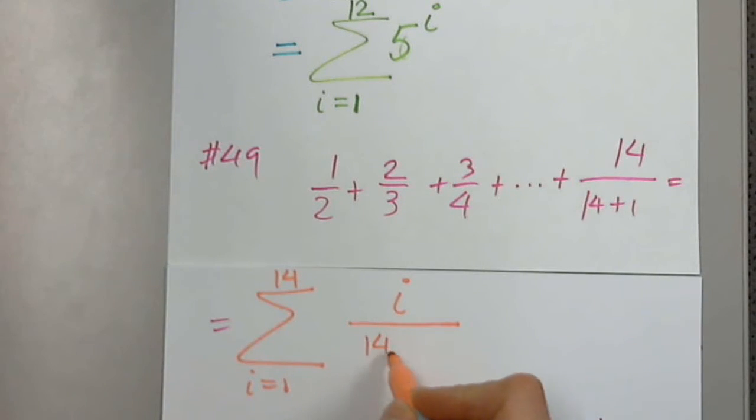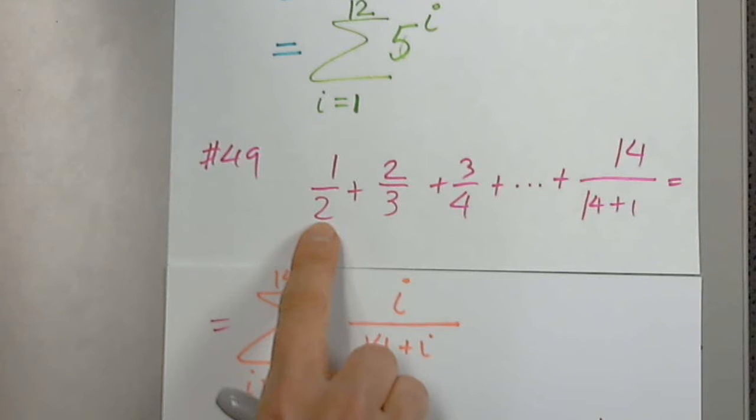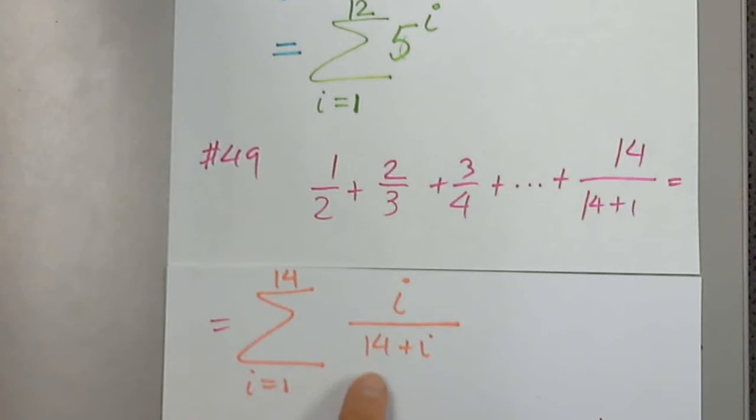If I put 14 plus 1, or plus, what did you say? I said I, because I equals 1. Okay, so let's see if it works. When I equals 1, this is 1, but the bottom is 14 plus 1, which is 15. So this is not working. Good. So then I have to be able to get all those terms.